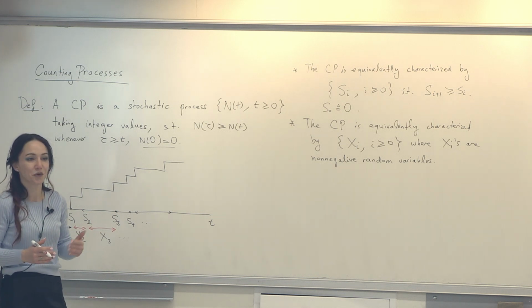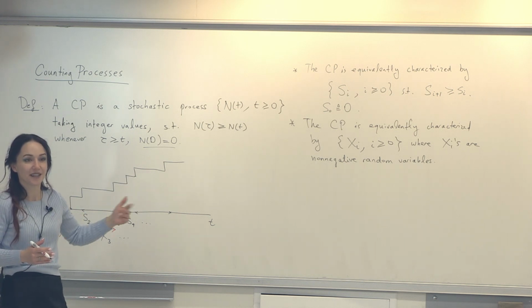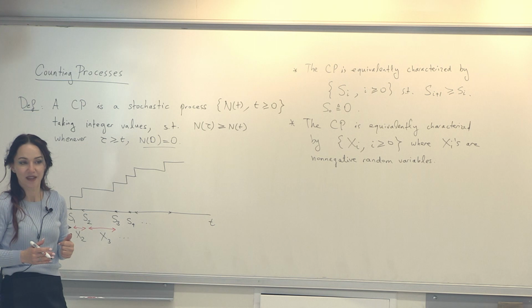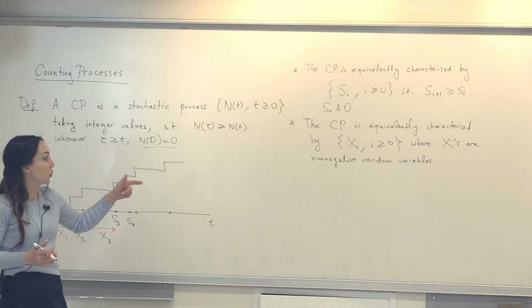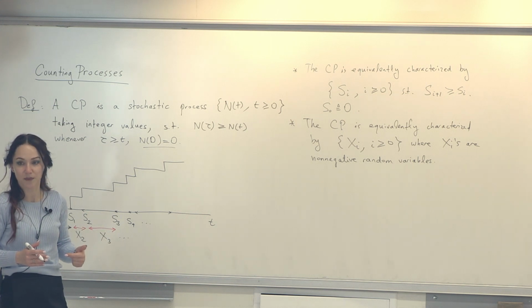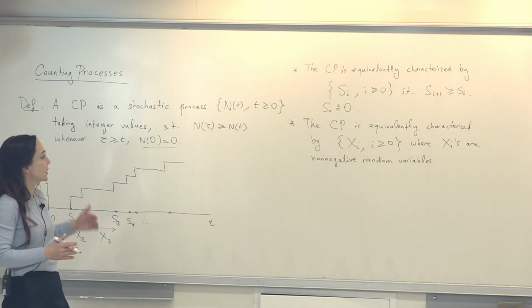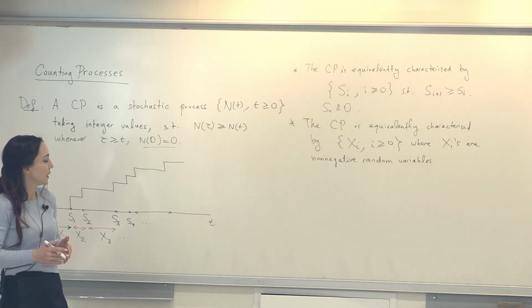We will particularly focus on the case where the Xi's are independent and identically distributed. And furthermore, we'll focus on the case where the Xi's are exponential with some rate lambda, and that will give us the Poisson process. But for now, we're just addressing this counting process in the general case.